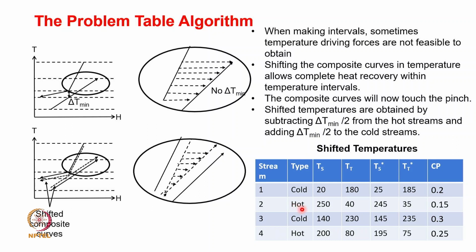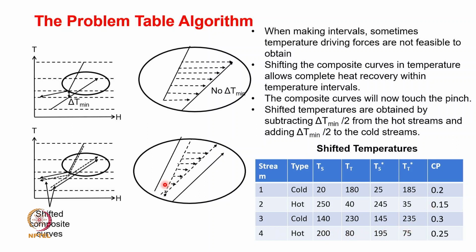For the hot streams, we have to subtract delta T min by 2. So 250 becomes 245, 40 becomes 35. For the cold stream we have to add, so 140 becomes 145, 230 becomes 235, and for the hot stream 200 becomes 195 and 80 becomes 75.